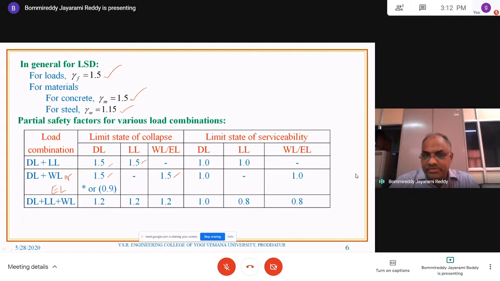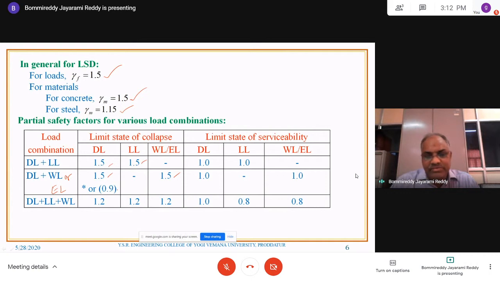And sometimes there is a possibility of reversal of stresses because of the dead load. Because of the dead load in a particular beam or a particular phase, tension occurs, and because of the wind load, the same phase will be under compression. That means the stresses at a particular section will change.